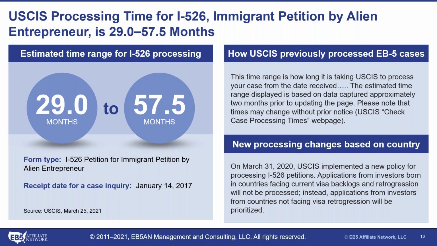The delays have been creeping up over the years, and when most of the petitioners whom we represent initially filed their I-526s, the estimated range or the average processing time was much, much shorter. If you look at the historical data, going back into fiscal year 17, fiscal year 18, it was far fewer than 24 months for an average processing time.